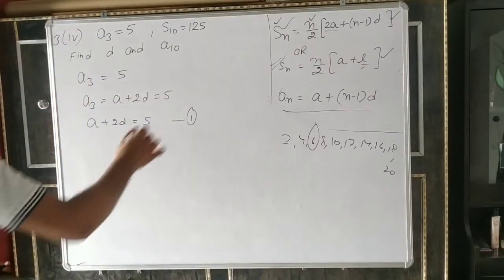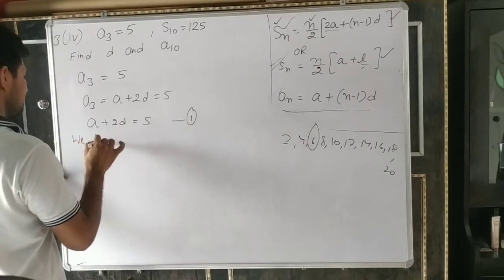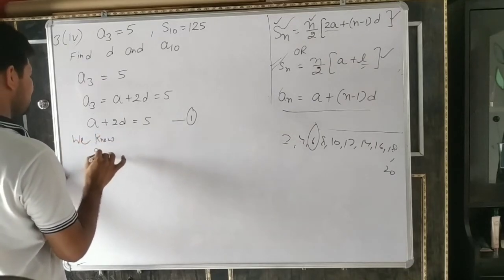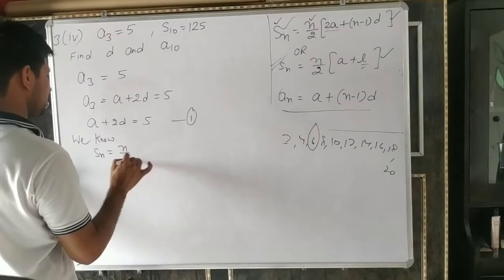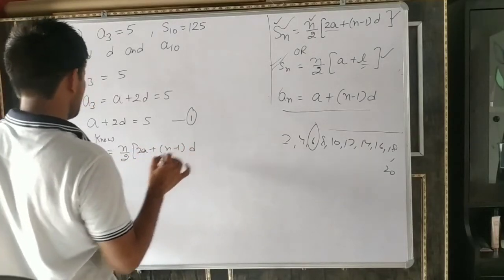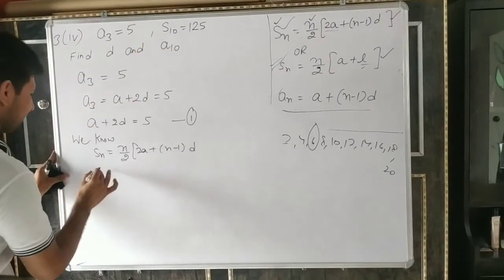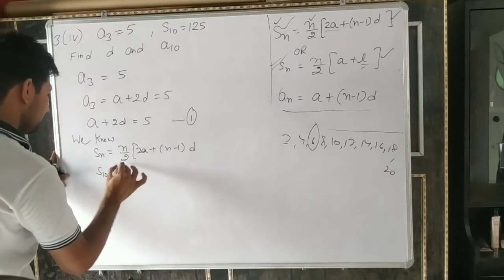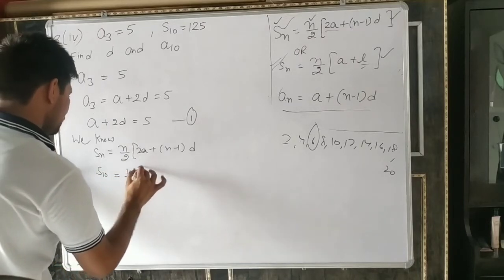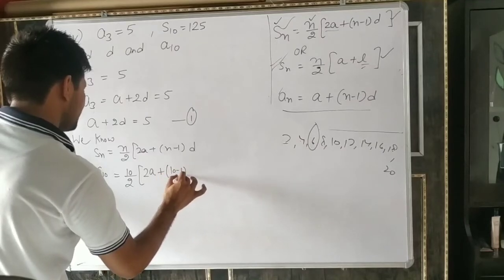Now you will write, we know Sn equal to n upon 2, 2a plus n minus 1 into d. And what is given? S10, in place of n is 10. S10 equal to 10 upon 2, 2a plus 10 minus 1 into d.